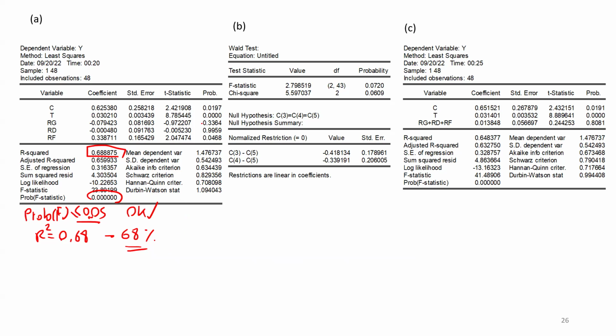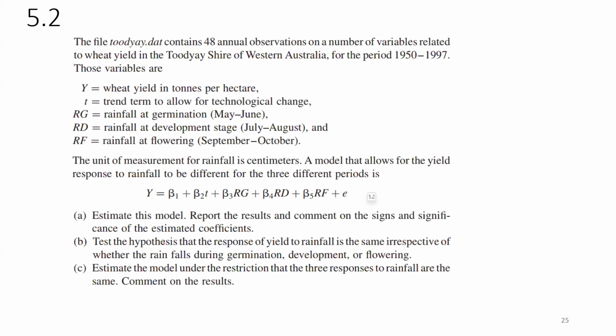And then we will comment on individual T, okay? So T, this is 1, 2, 3, 4, 5. So beta 2 equals 0.03 with probability 0.01. It indicates that T is a time term.